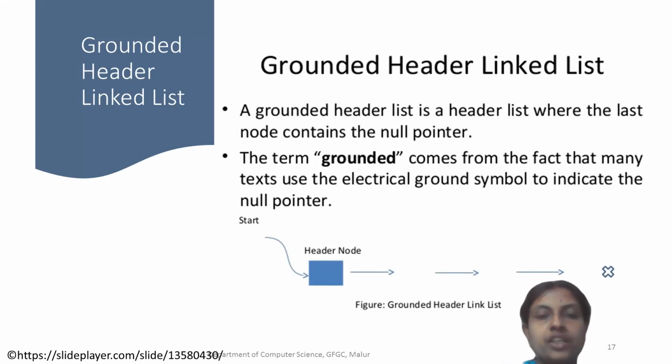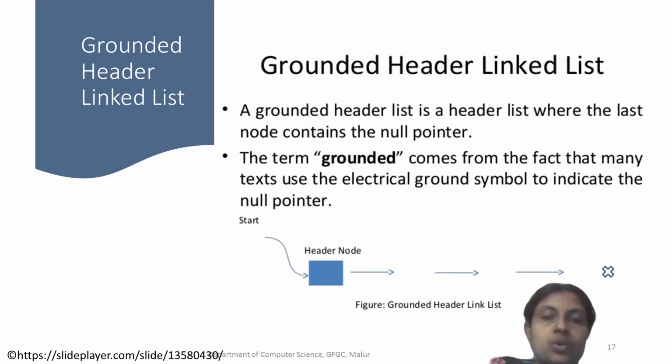So the start will link to the header node, the header node will take you to the first node, and that will take you to the second node, like that. Usually the address part of the last node will be null. But in grounded header linked list, the address of the last node will take you to one more node called grounded node, which will be maintained as null.